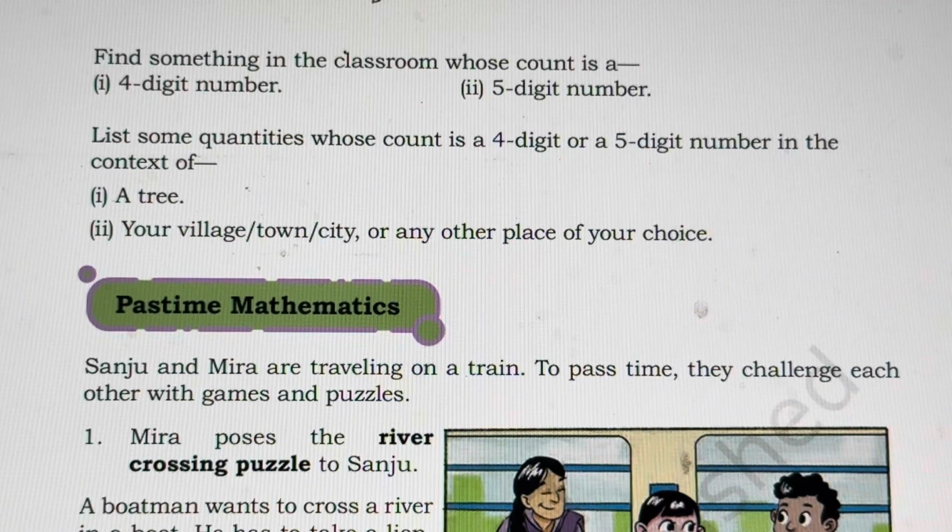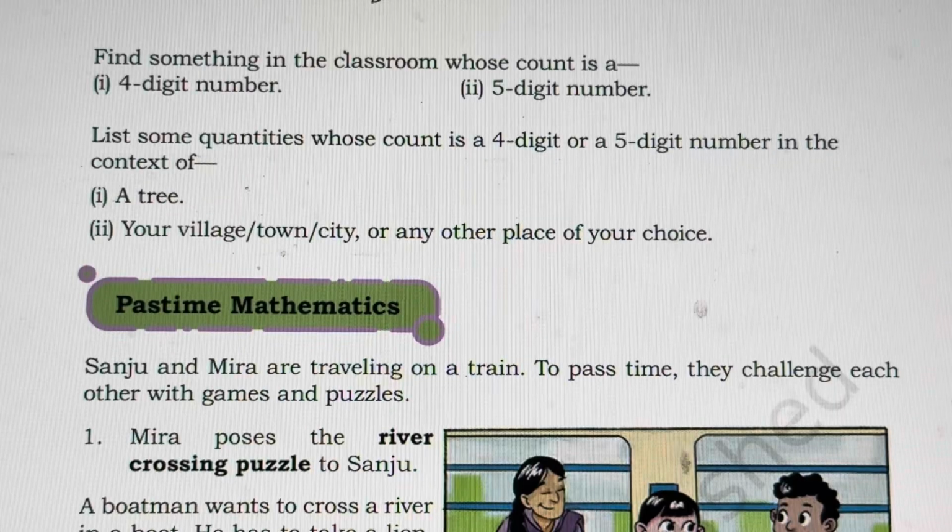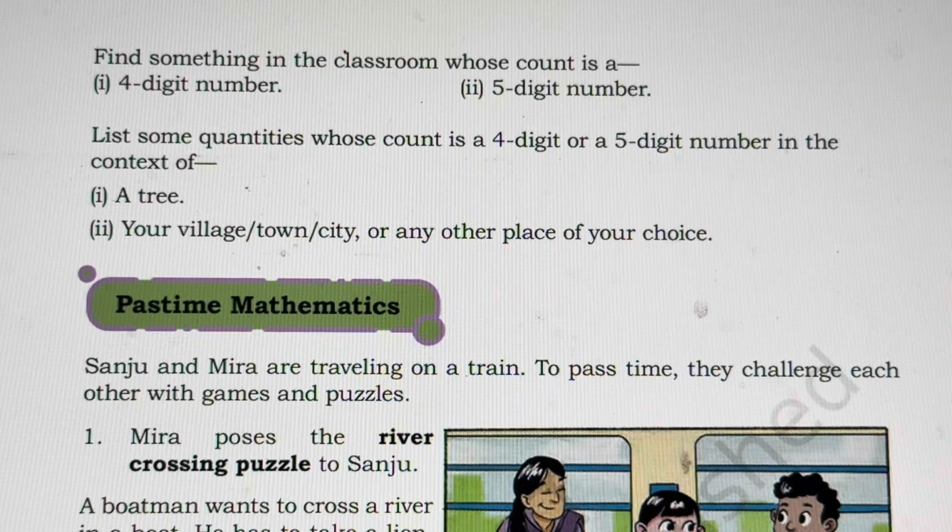Now, find something in the classroom whose count is a 4 digit number, right? So you saw that we can take any random number. Suppose there are 200 pages in one book, like if we consider the maths book.